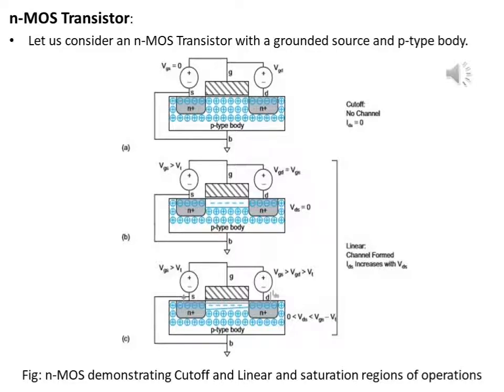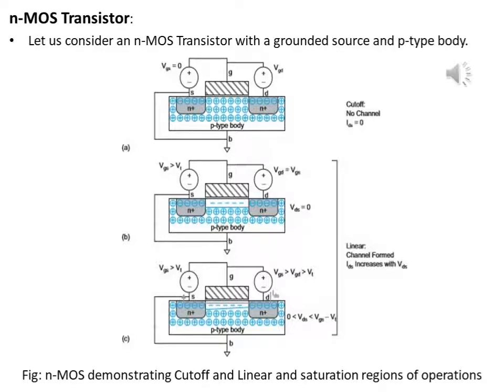An inversion region of electrons is going to be formed between source and drain. That region we are going to name the channel.